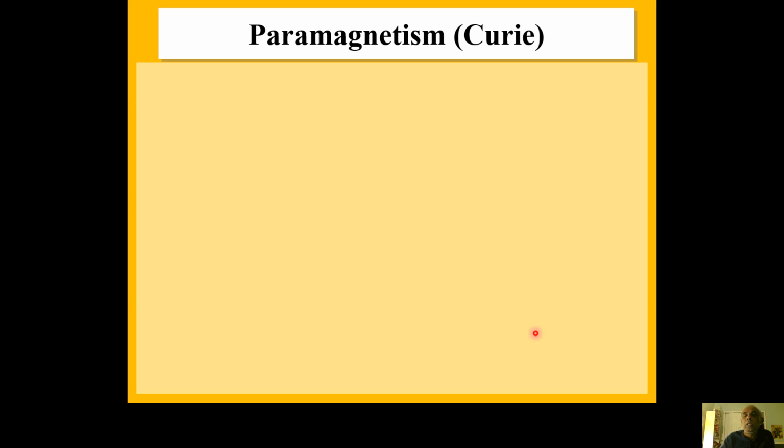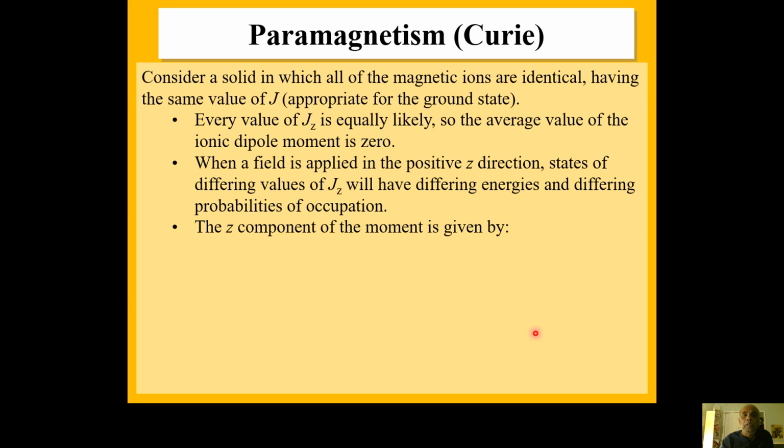Now we are talking about the atomic configuration giving rise to paramagnetism, and that is called the Curie paramagnetism. Like I said, we have these Jz and Sz values non-zero. That will give you this paramagnetism.